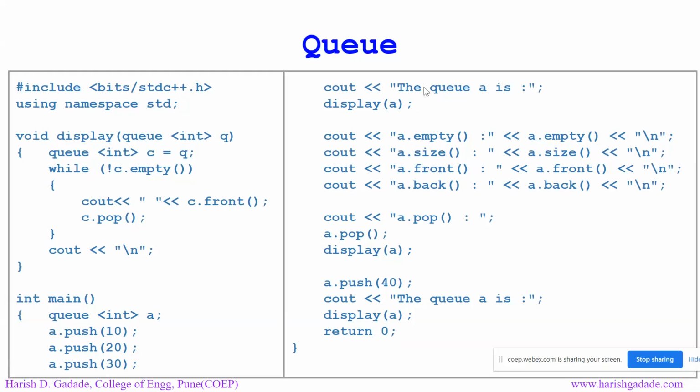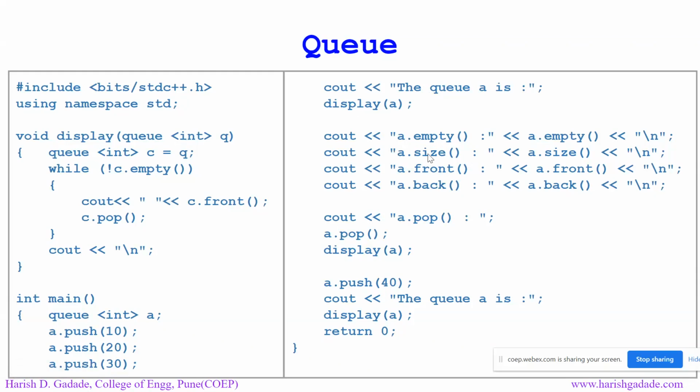This queue will be displayed. And here A dot empty checks whether this queue is empty or not. This is not empty. If it is true, then we can say that is 1. If it is false, then we can say 0. As this queue is not empty, the value of empty would be 0.